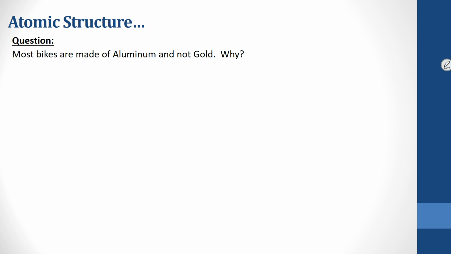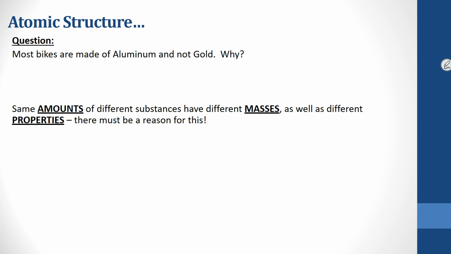But the other thing about gold is that it's actually not very strong in the sense that it's malleable, it's bendable, it's shapeable. If you built a bike out of it and you sat on that bike, the bike would probably warp and bend, because it's not as strong as other metals. It bends really, really easily. Now, it also has a lot different weight.